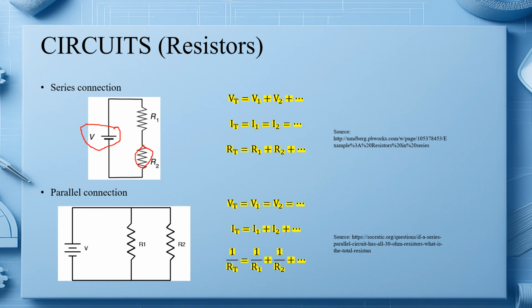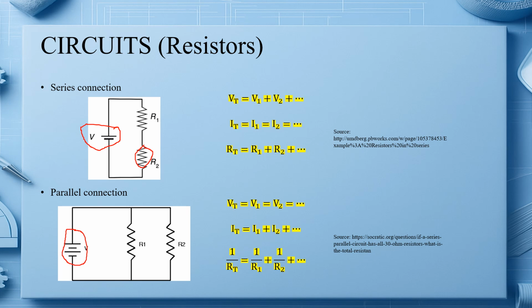In parallel connection, on the other hand, the voltage across these two resistors is the same. So the voltage in R1 is equal to the voltage in R2, or V1 equals V2.